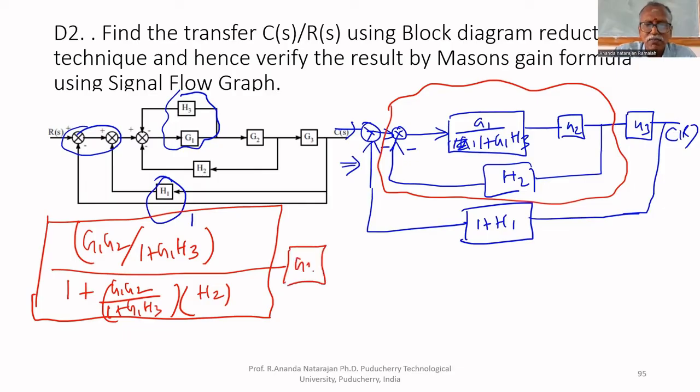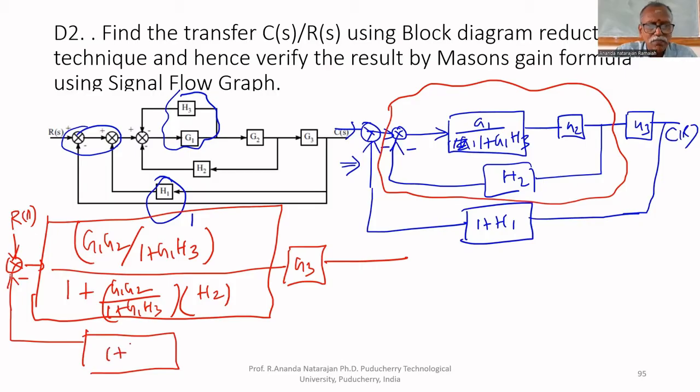Now it is multiplied by G3. This is 1 plus H1. Now, first we have to simplify this. What is that?